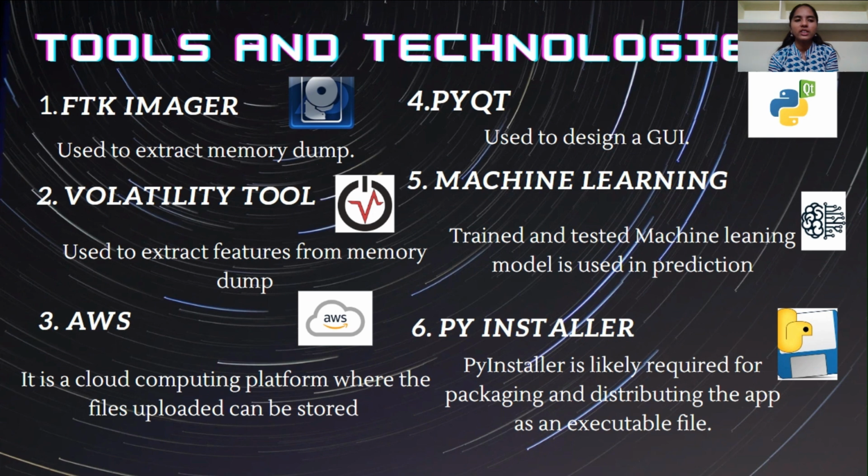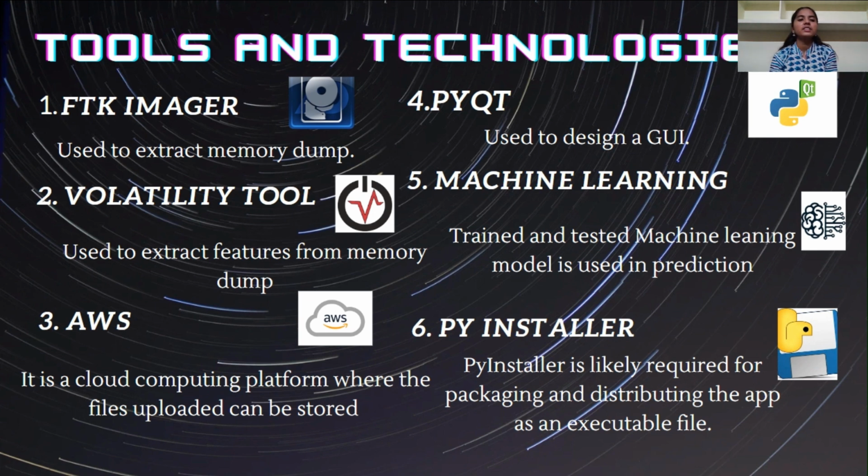The tools and technologies used in this project: the first one is FTK Imager, which I have used to extract the memory dump. The second one is the Volatility tool, which is used to extract features from the memory dump given as input.